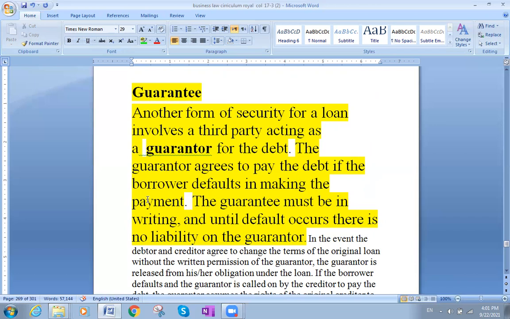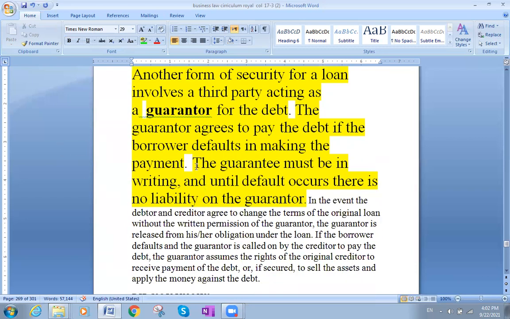It means if you did not pay, I will carry the responsibility and I will pay instead of you. Again, you went to the bank to borrow money, and you took me as a guarantor. If you didn't pay the bank, for any reason, say you went bankrupt, then the bank will come and ask me for the payment.